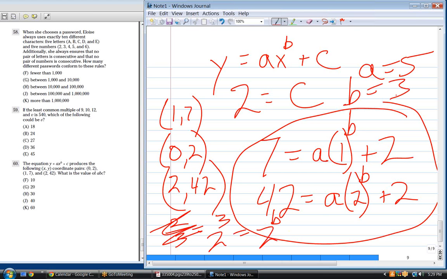I completely forgot about changing the base. So A times B times C is 5 times 3 times 2, which is 30. Good.